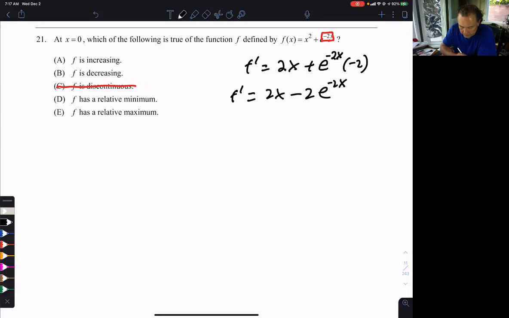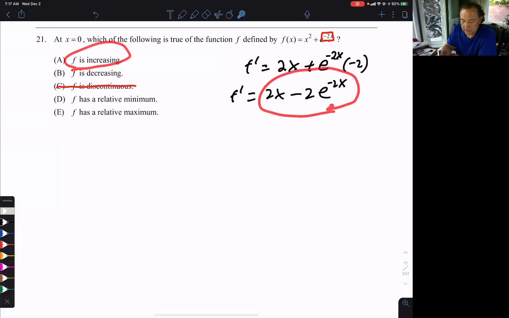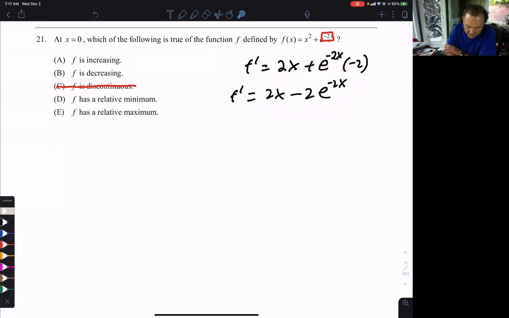Now, we could do a couple things here, but to be always increasing, this would always have to be positive. And to be always decreasing, this would always have to be negative. So let me factor that and let's see if we can figure this out. They both have a 2.